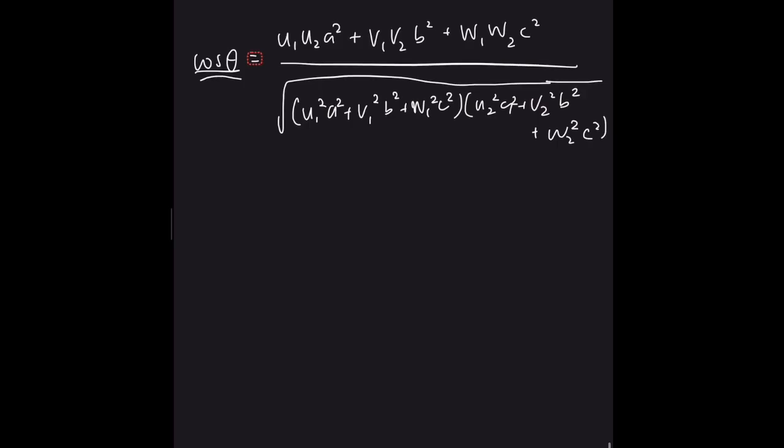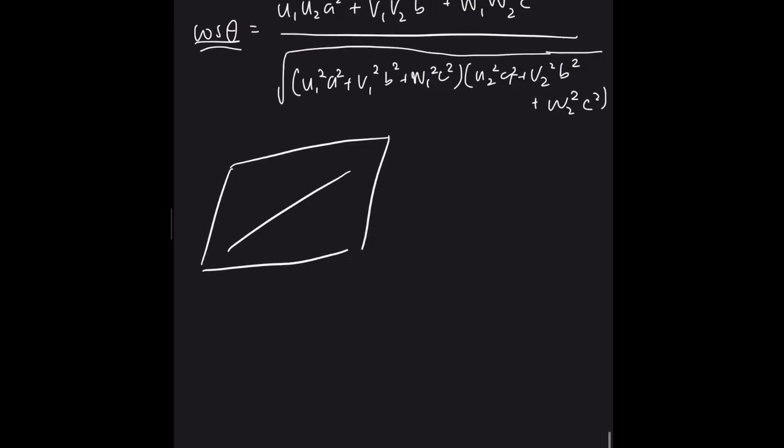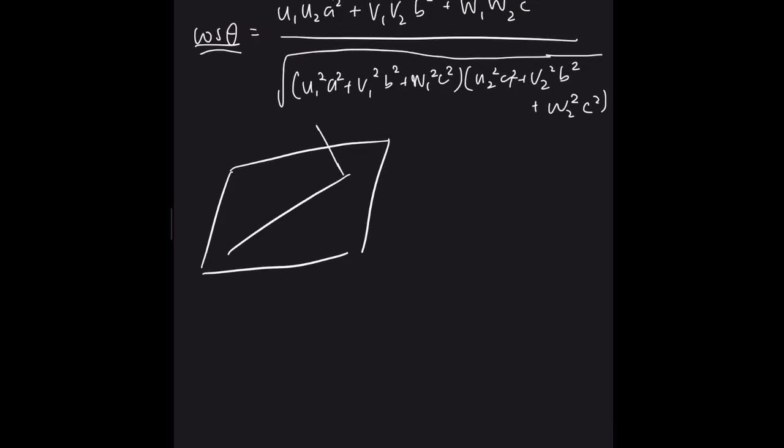Finally, we know that if a line lies in a plane, then the line must be perpendicular to the normal of the plane.